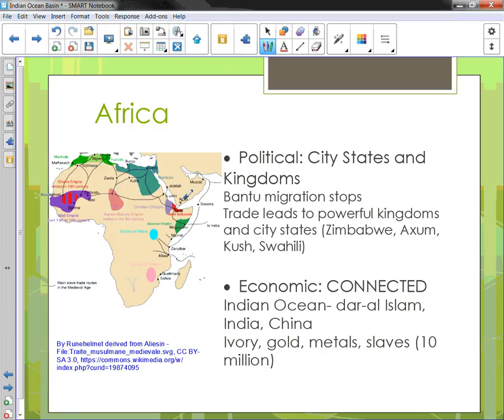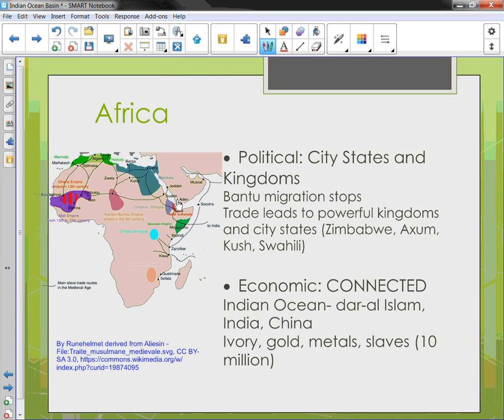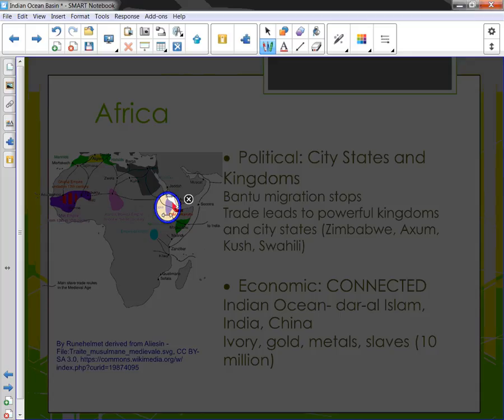Trade, as the Dar al Islam develops, trade strengthens in the Indian Ocean basin. And trade is also happening between these very rich Swahili city-states and the interior kingdoms, like Great Zimbabwe here, and Axum, which was also trading with the Swahili city-states and the Indian Ocean basin on its own.